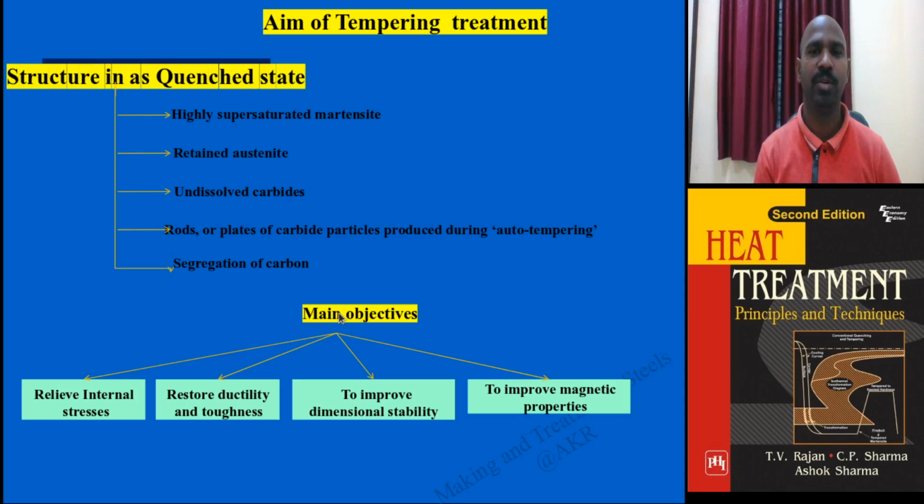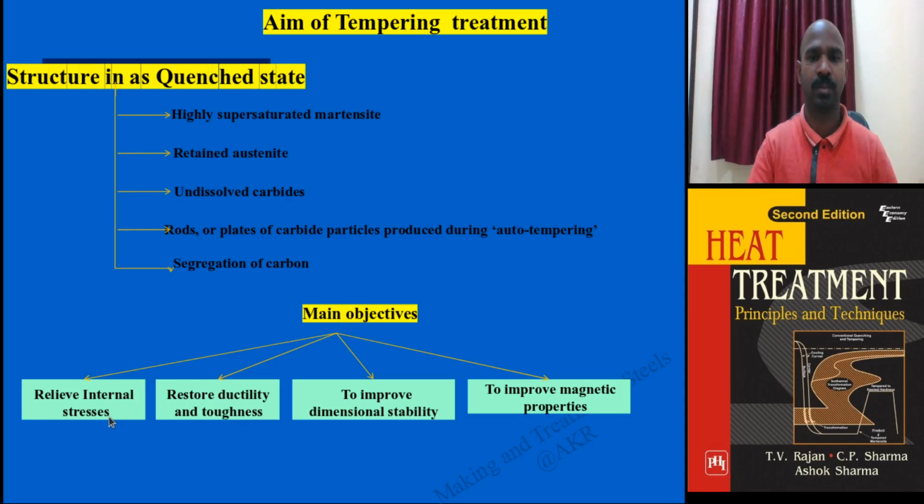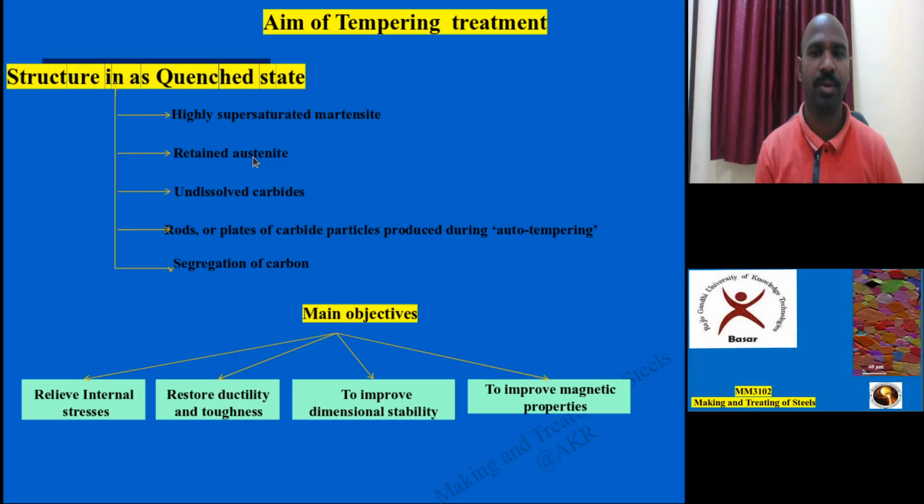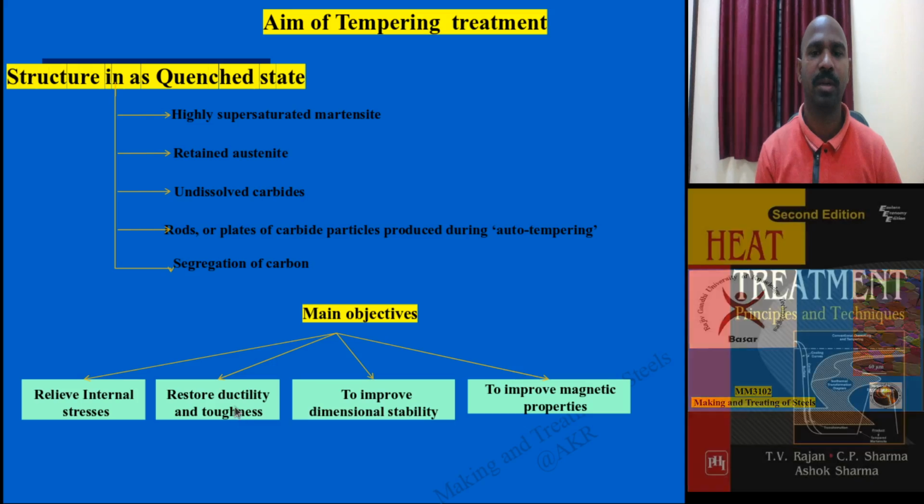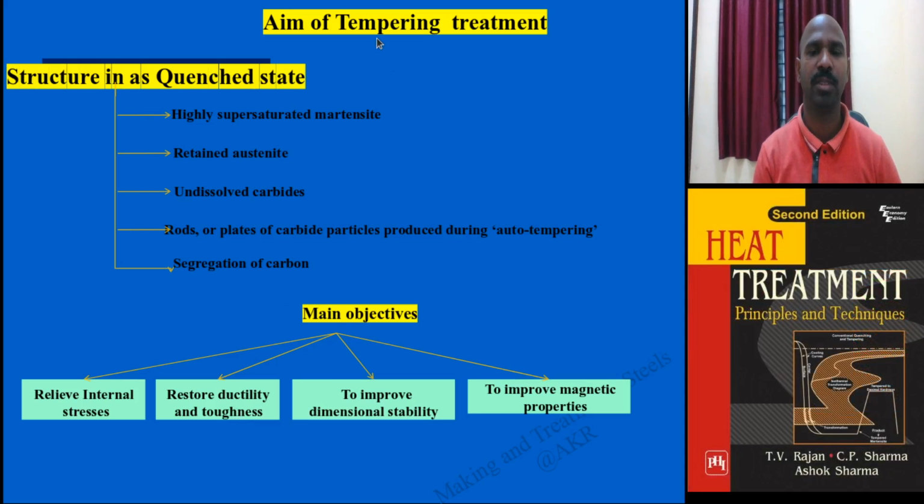The objectives of the tempering process are relieving the internal stresses formed by retained austenite, and restoring the ductility and toughness which were lost in hardening. You can restore them by doing the tempering treatment.